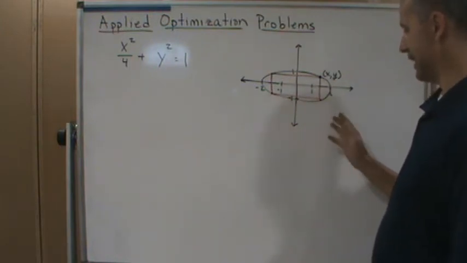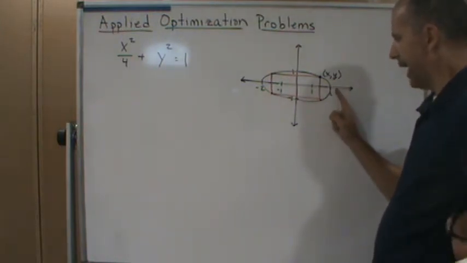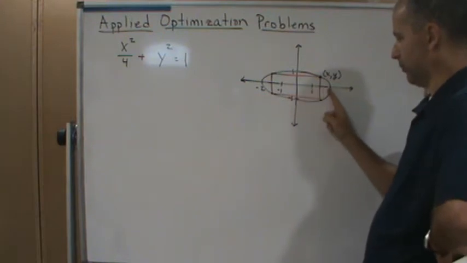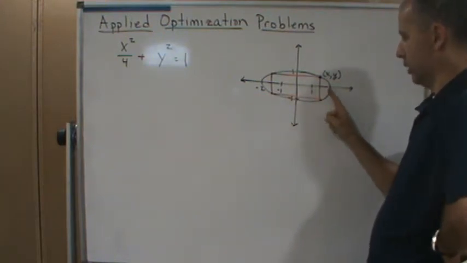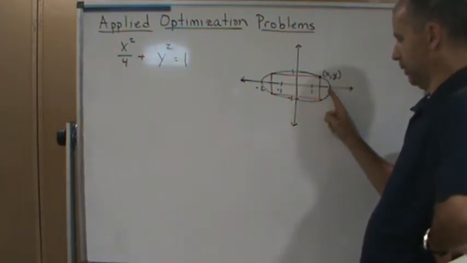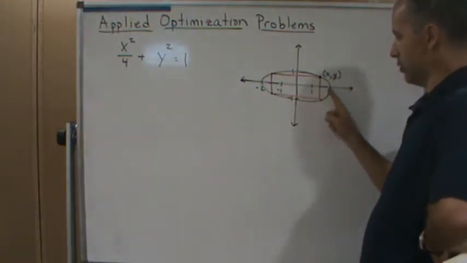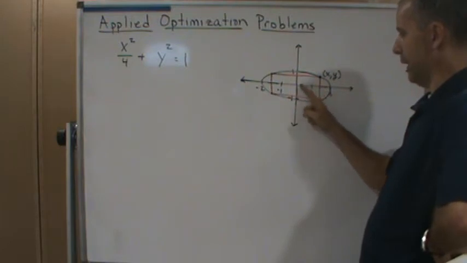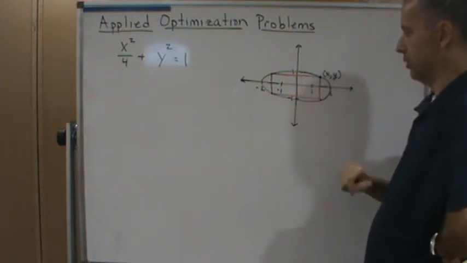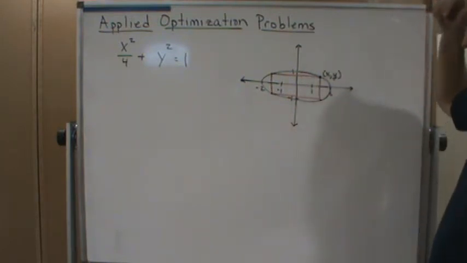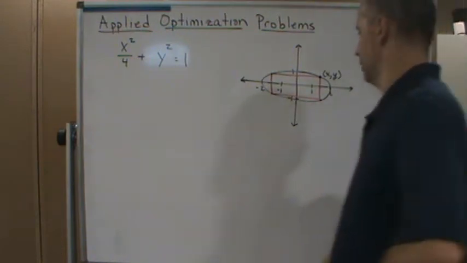So we can say that x is going to be anywhere from 0 to 2. And if x is from 0 to 2, we know y is going to be from 0 to 1.